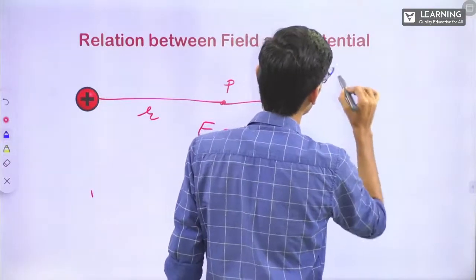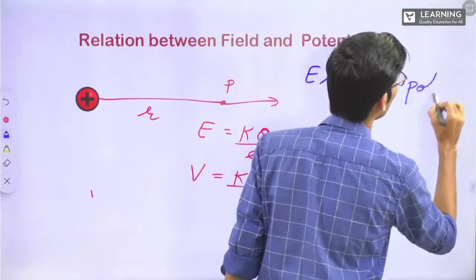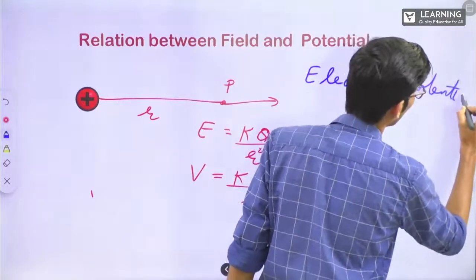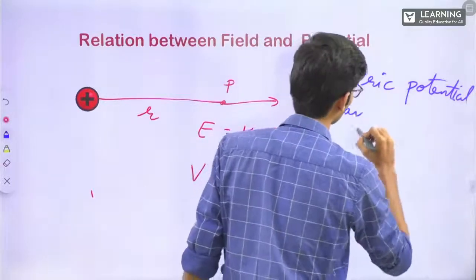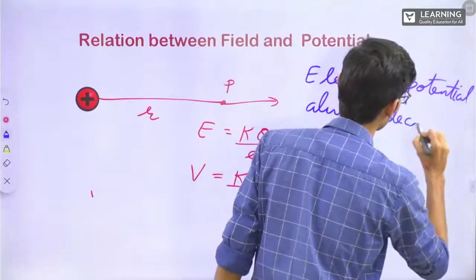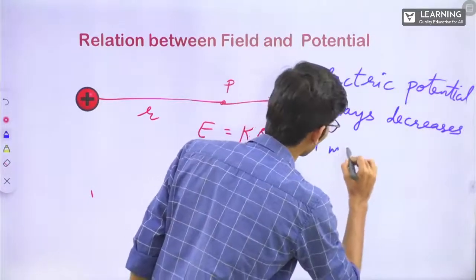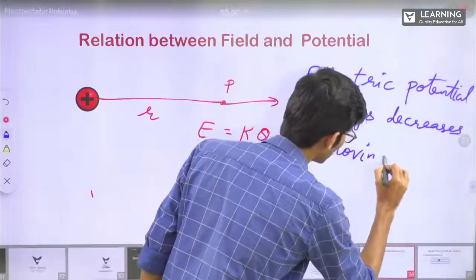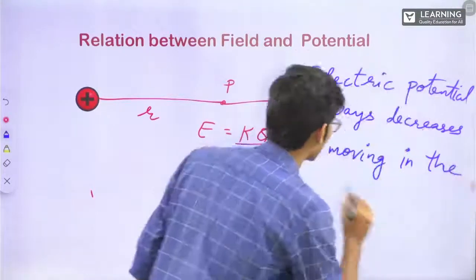Electric potential, very important this is, electric potential always decreases on moving in the direction of electric field line.